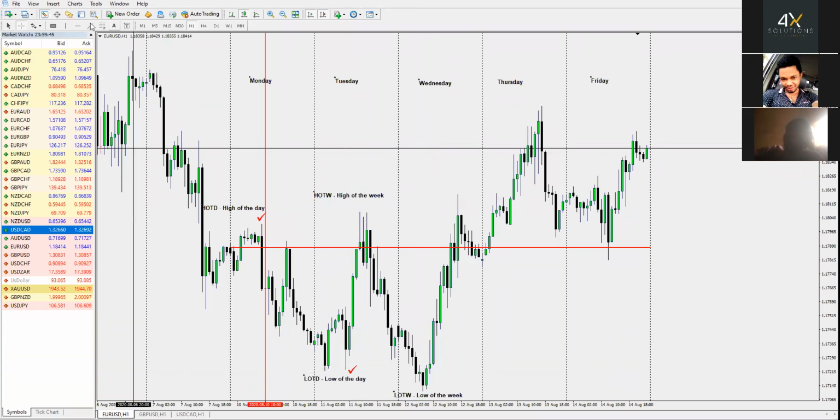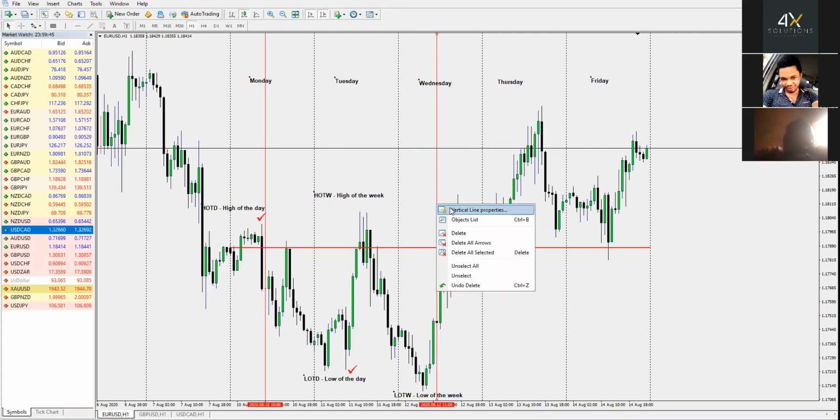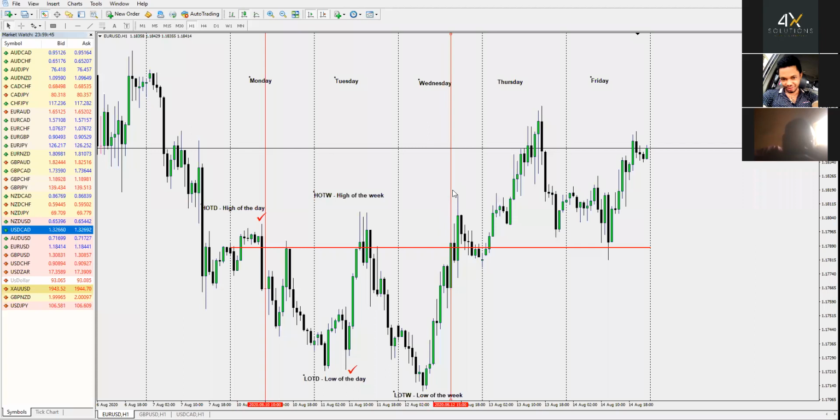Okay, now I'm going to add in a second vertical line over here representing the kill zone for the New York Open. So my time zone indicates at 3 o'clock the New York Open starts.